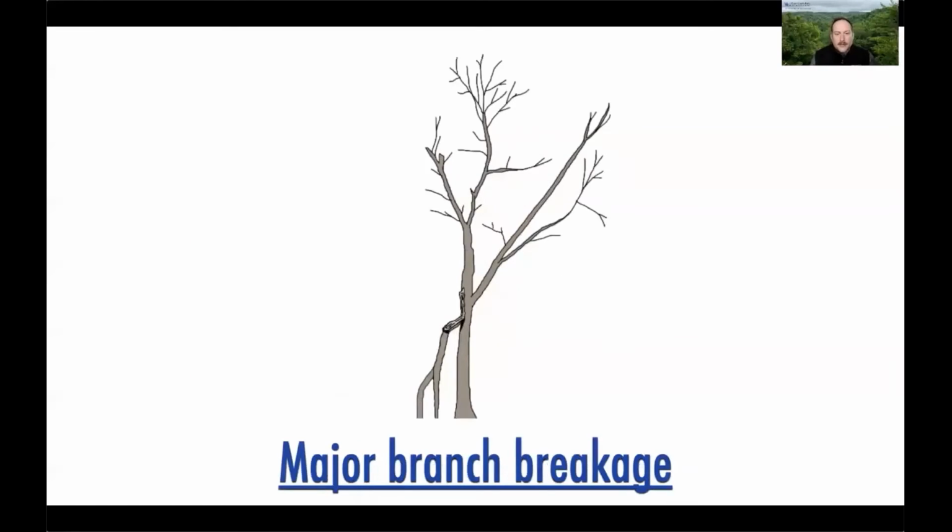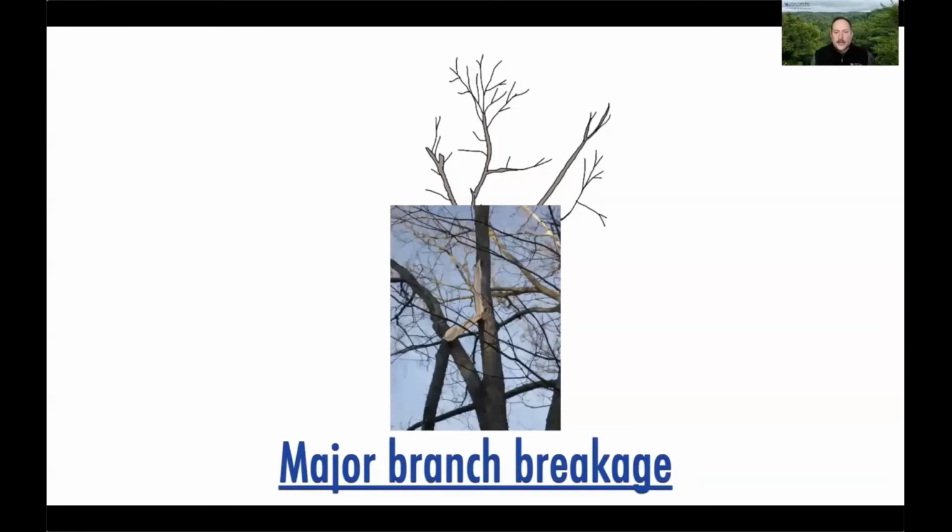Another common damage that we see is major branch breakage. You can see in this image that a branch is broken off. Depending on the species, this tree might recover. But one problem is that we've opened up that tree to the potential for introducing rot.